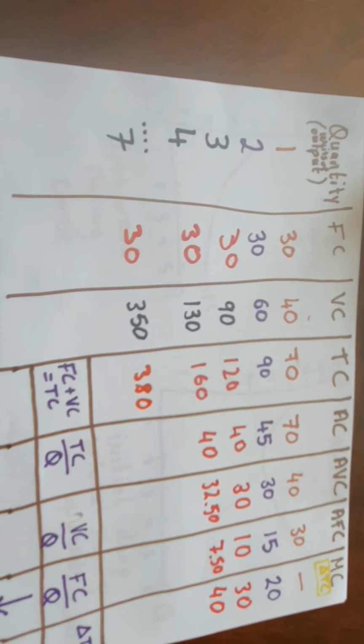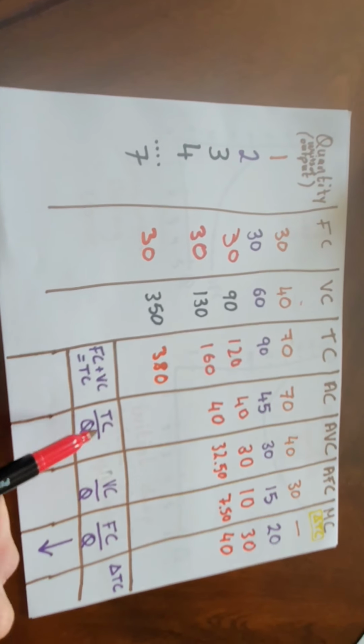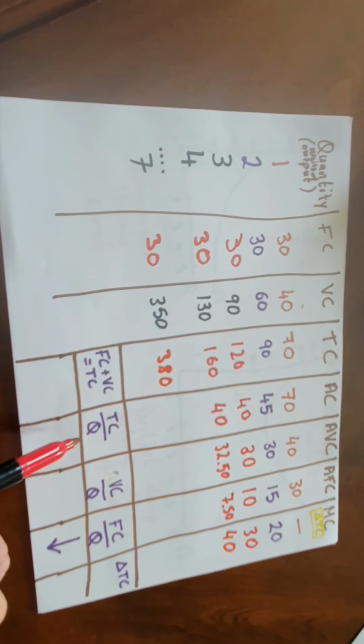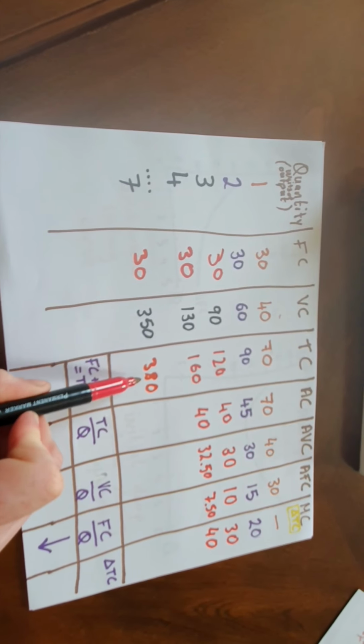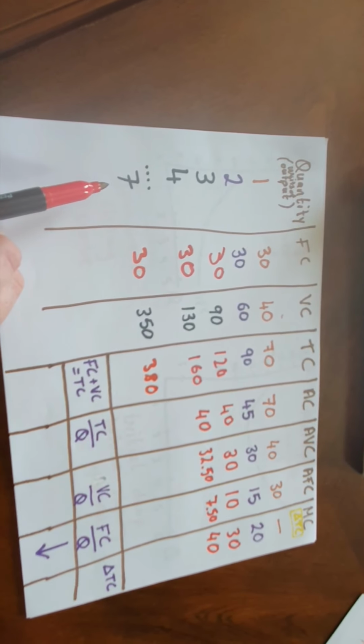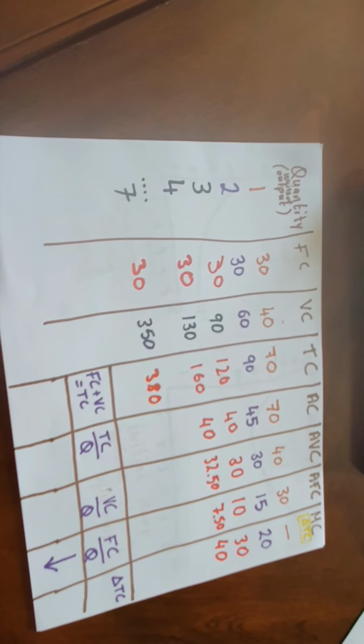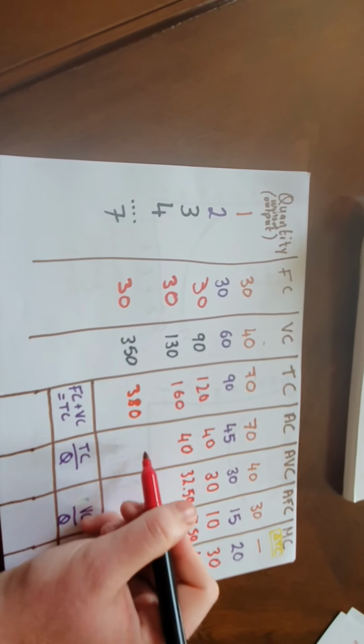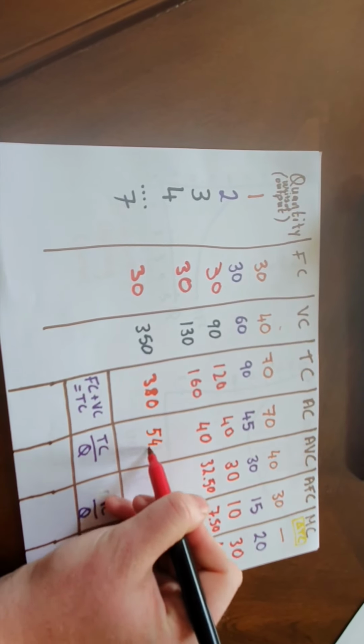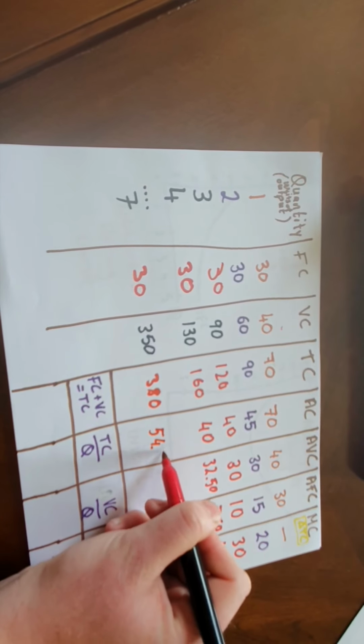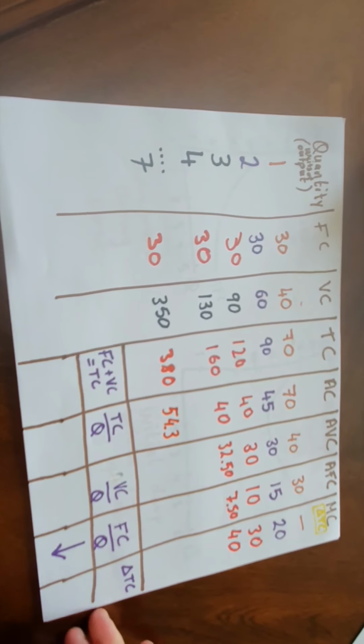Our average cost is going to be our total cost divided by quantity. So our total cost, 380, divided by quantity, which is 7. It's going to give us 54.29.